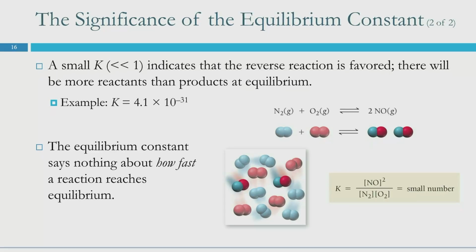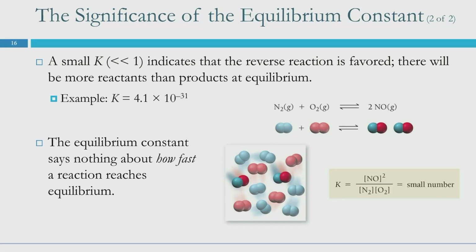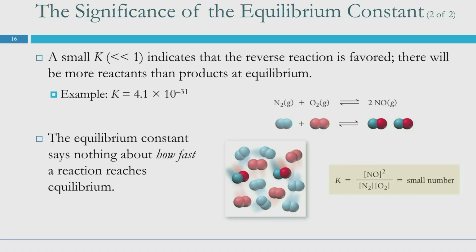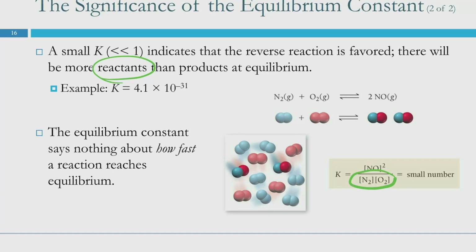If we have a small K, then the reverse reaction is favored. Products are not stable, possibly. And we're going to have more reactants than products at equilibrium. The equilibrium constant, however, doesn't say anything about the speed, the rate of the reaction. It just tells us where it will land up eventually, given enough time.